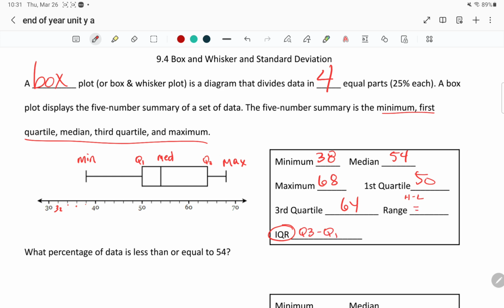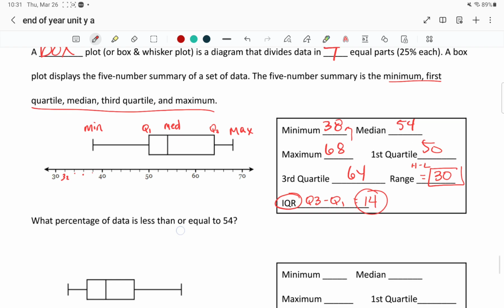So highest minus lowest is 68 minus 38, which is going to be 30. And interquartile range is going to be 64 minus 50, which is 14. So you can be asked any of those things about your box and whisker plots you're given.